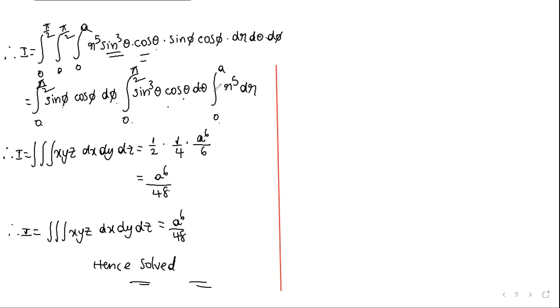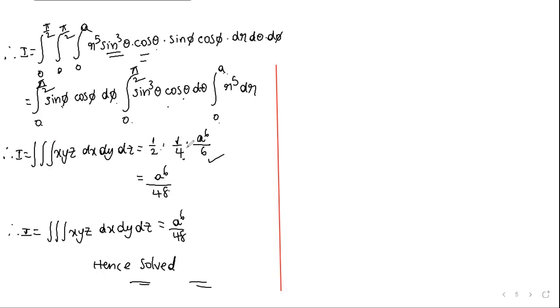So that is equal to, first with respect to r, r power 6/6, upper limit minus lower limit, putting a gives a power 6/6, into sin cube. These two are the reduction formulas. By using reduction formulas we get 1/2 for this integration. Similarly we get 1/4 for this integration by using the reduction formula. Already we discussed the reduction formulas.